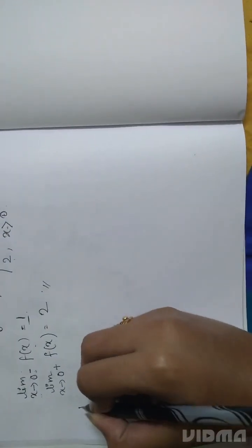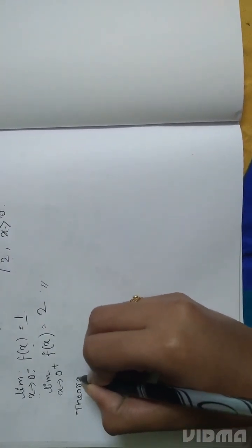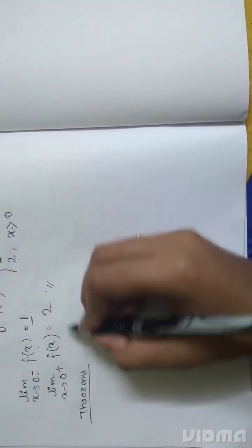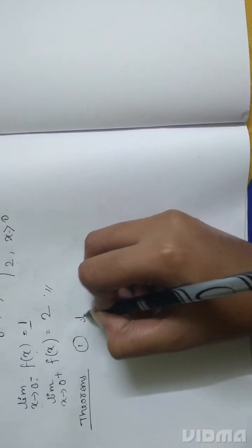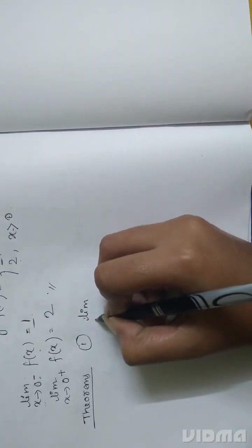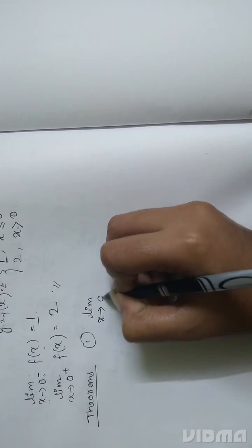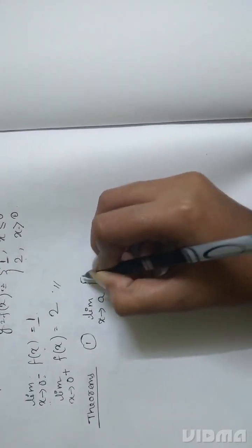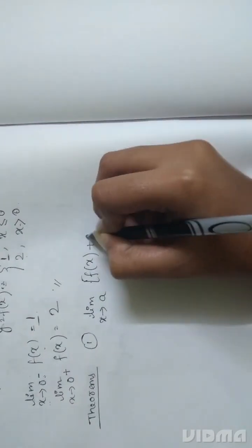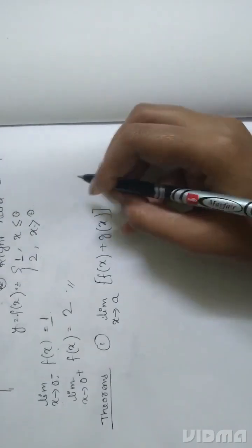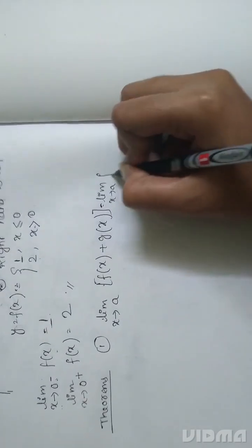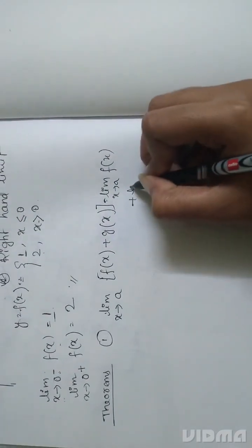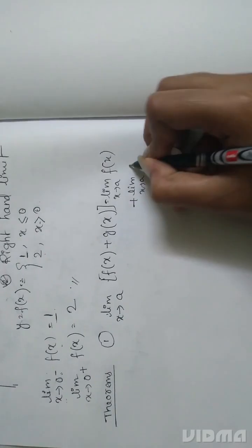Now let us see some theorems of limits. Our first theorem is, if there is a sum of two limits, for example, limit x tends to a, f of x plus g of x, it is written as limit x tends to a, f of x plus limit x tends to a, g of x.